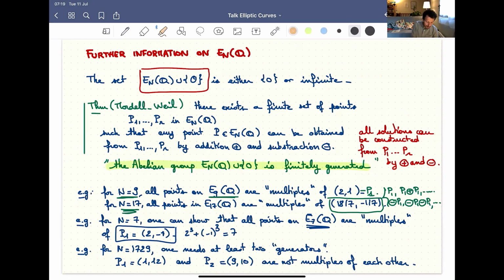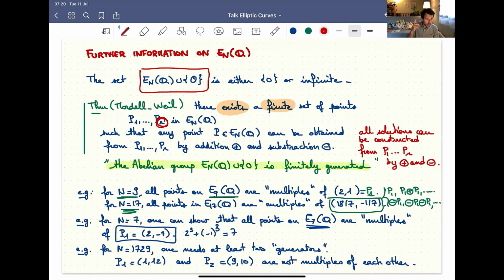But this is an existence statement. It tells you that the set exists, but it's not an effective statement, which means that the proof of this theorem doesn't give you any recipe to compute P1, P2, up to PR, and it doesn't even tell you how to compute R.